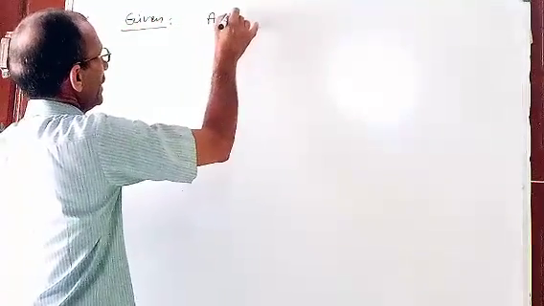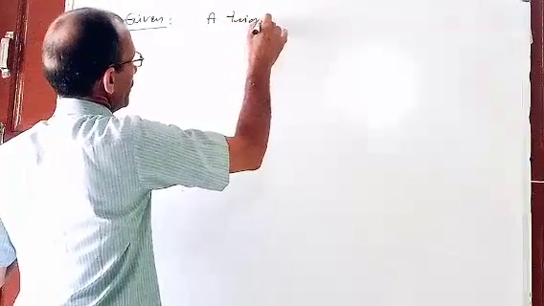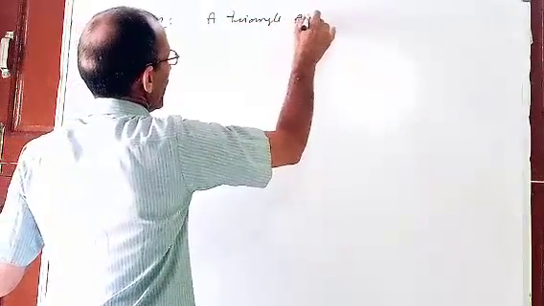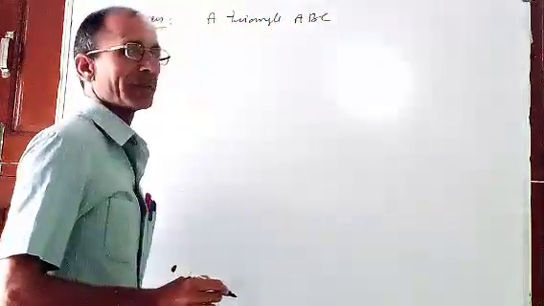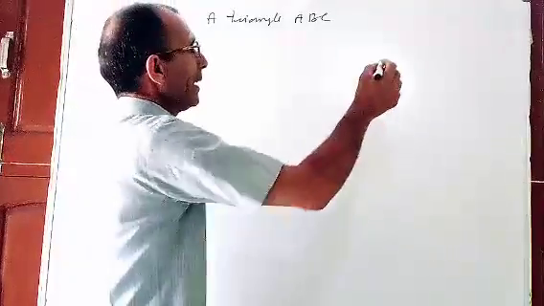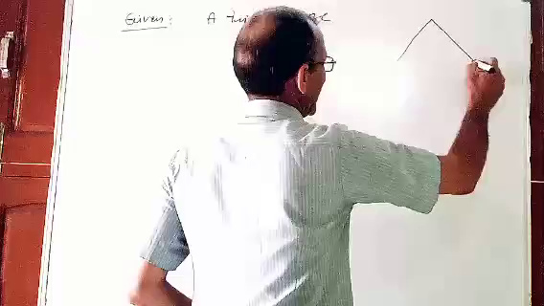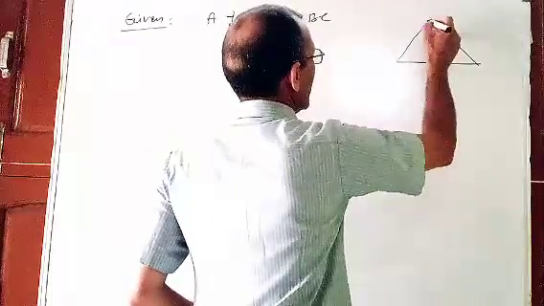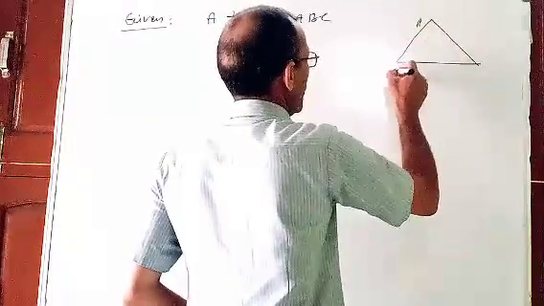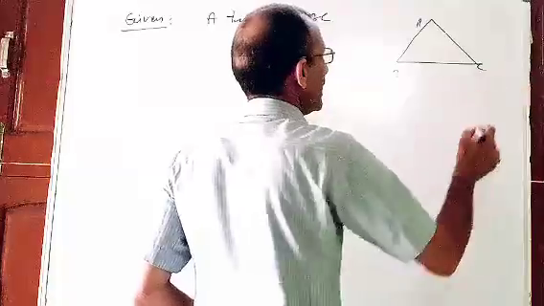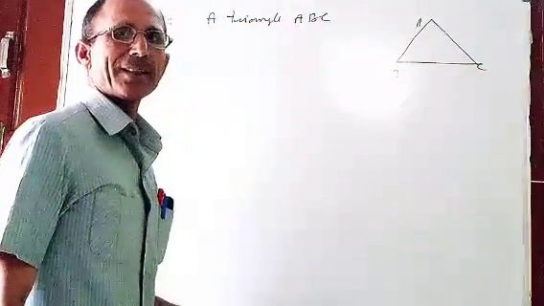Given: a triangle ABC. So A, B, C, this is a triangle.